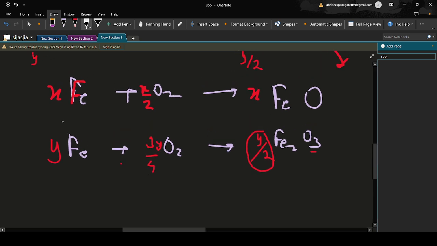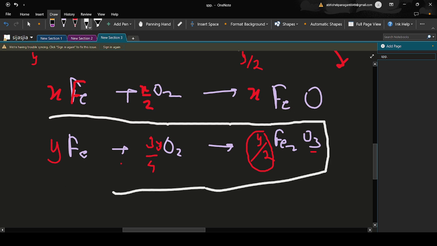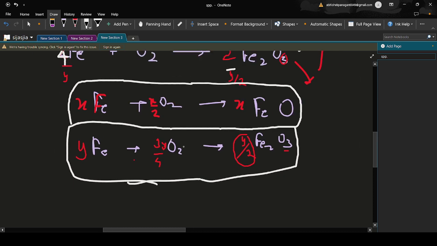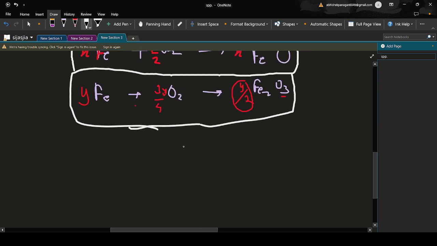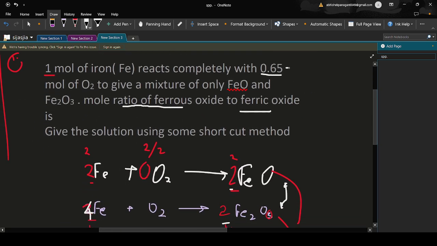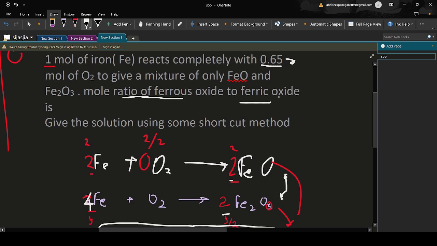Now in this variable form, this has become much easier, right? Don't you think so? Even if you can't figure it out right now, let me get further. If you get back to the question, there's a mole ratio, and we took 0.65 moles of this.